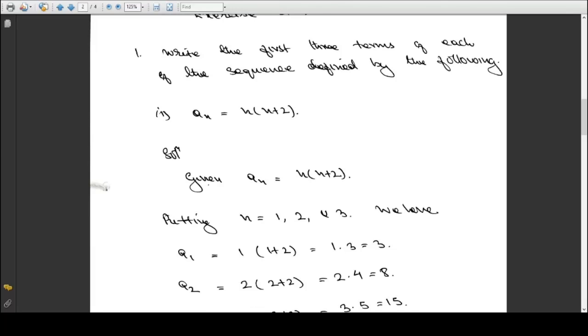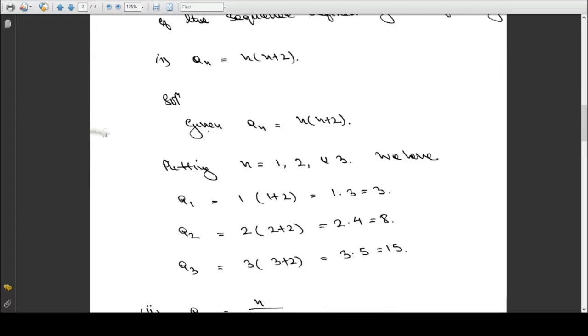Putting n equal to 2 in this rule, a2 is 2 times (2 plus 2). 2 plus 2 is 4, and 2 multiplied by 4 gives us 8. For a3, if you put n equal to 3, you get 3 times (3 plus 2). 3 plus 2 is 5, and 5 multiplied by 3 is 15.